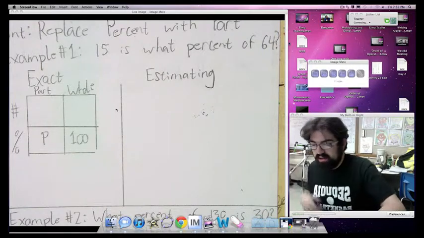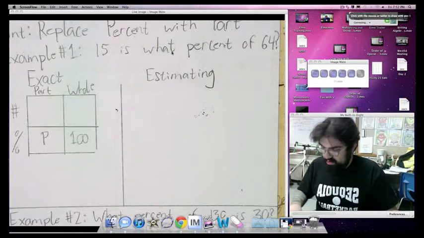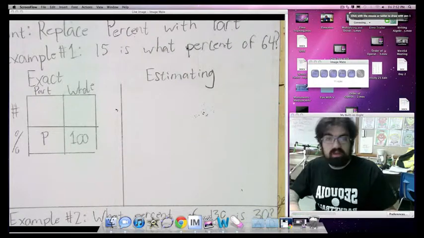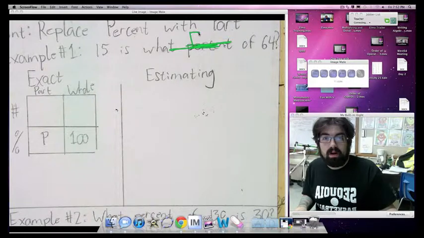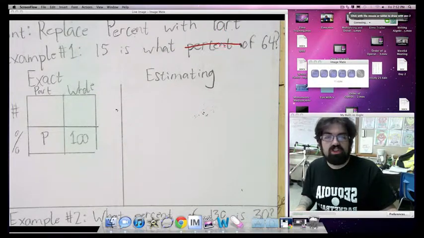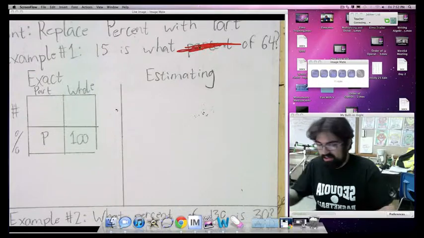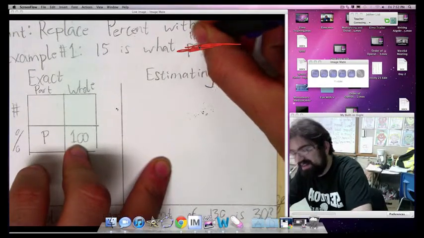So let's think about what I mentioned earlier. I said I would replace the word percent with the word part. And notice how amazing my handwriting is with this. Let's do this. I'm going to cross out the word percent, and I'm going to put the word part right above it.